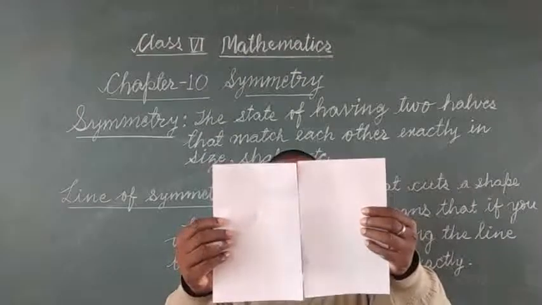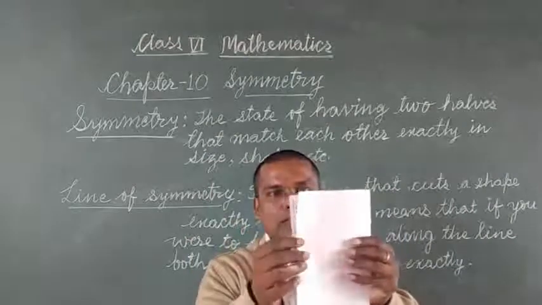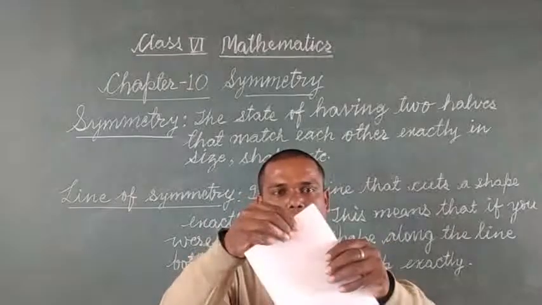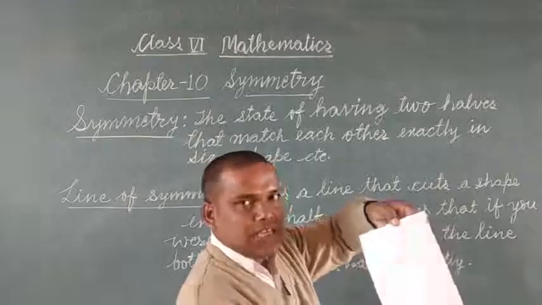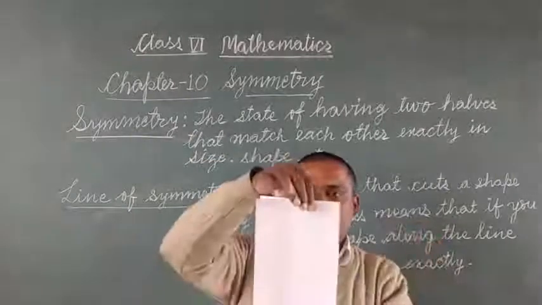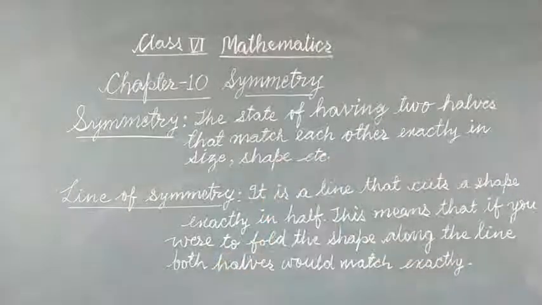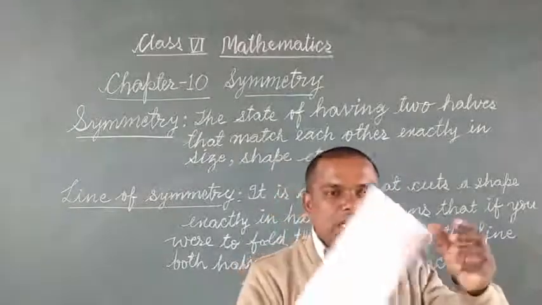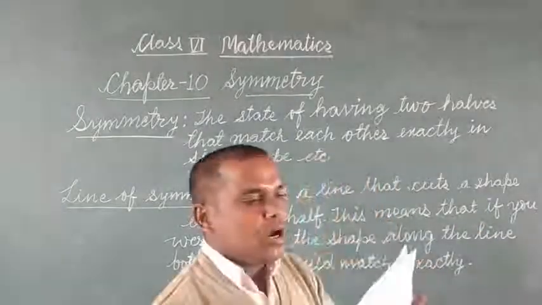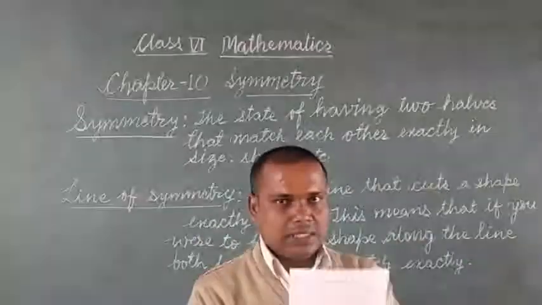Suppose here I am going to make a joint. So you see, from all around it is exactly of the same size and the shape is also the same. From everywhere this side also matches, this side also matches, this side and this side. So we can say that these two halves of the papers are symmetric papers. Okay.